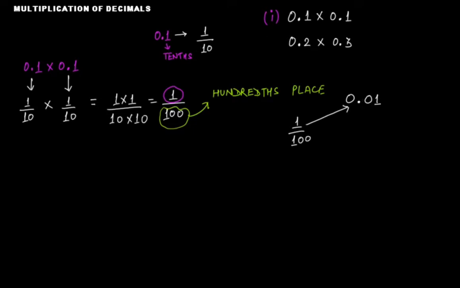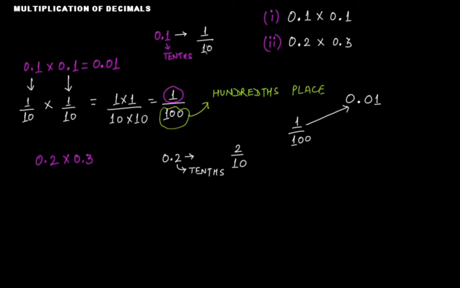Let's take the second one. So the answer of the first is 0.01. For the second one, it is 0.2 multiplied by 0.3. Now, as we did here, 0.2 tells us that at the tenths place, we have 2. Therefore, we can write it as 2 over 10.